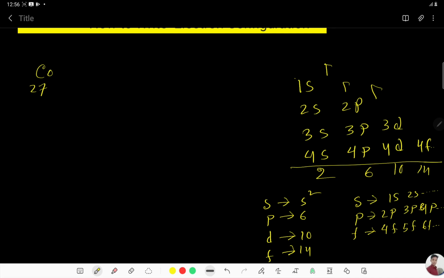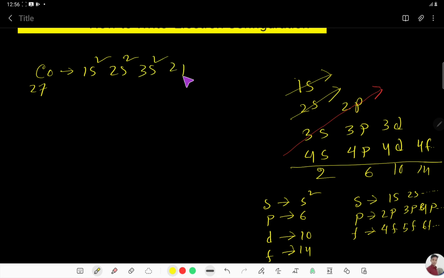So look, at first we'll do this method: 1s2, then 2s2, then 3s2, 2p6. So we have used here 8, 10, 12.